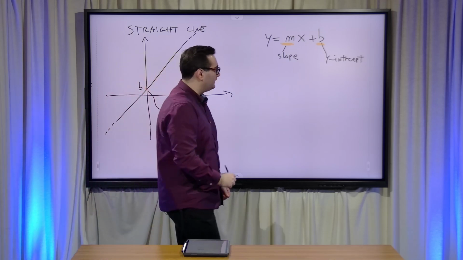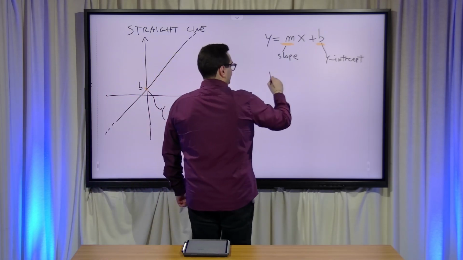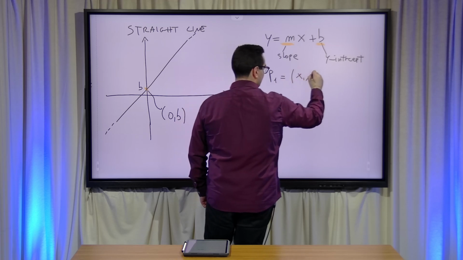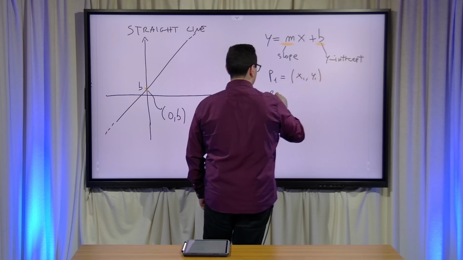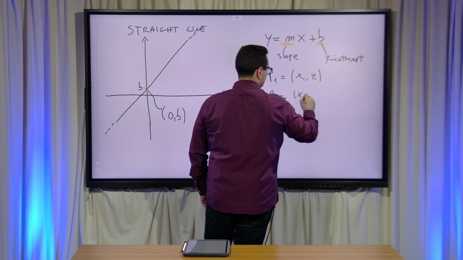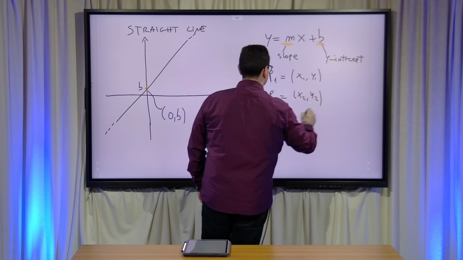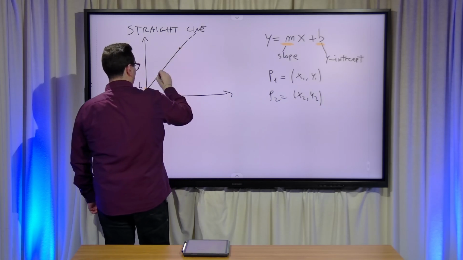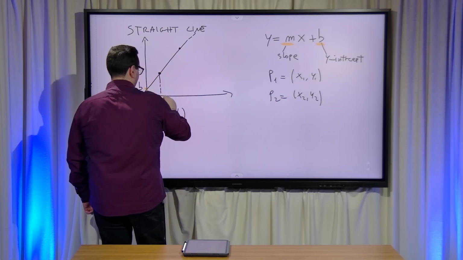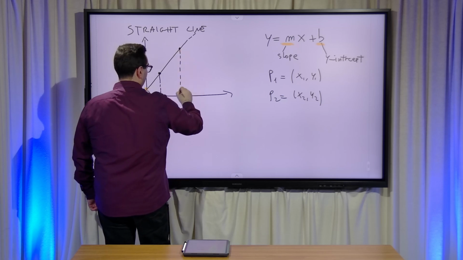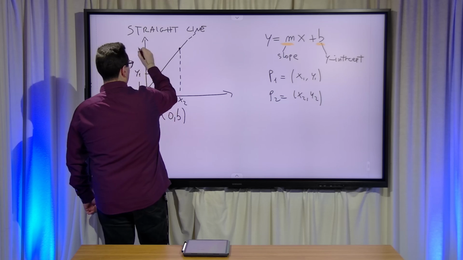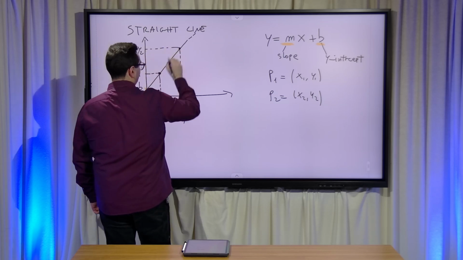Okay? Let's consider 2 points, P1 (x1, y1) and P2 (x2, y2). I can draw them here. This is x1, this is x2, y1, and y2. Okay.